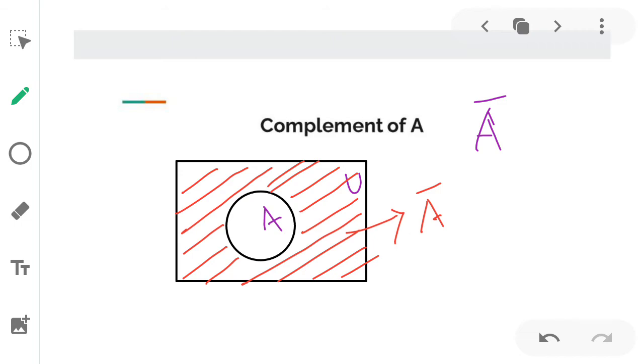By using the diagram, we should be able to get one answer here, that A union A bar is equal to U. Inside the circle will represent elements of A, and outside the circle will represent A bar.